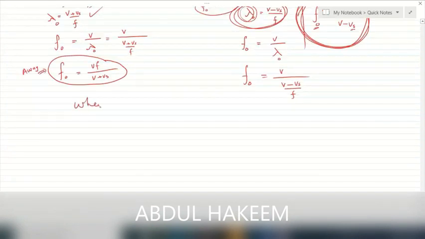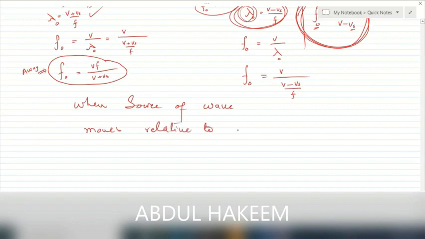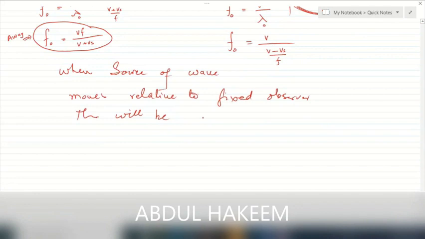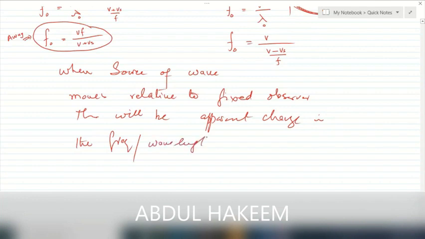When the source of wave moves relative to a fixed observer, there will be apparent change in the frequency and wavelength of wave. This is called Doppler's effect.